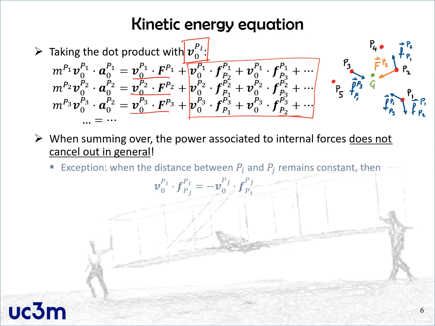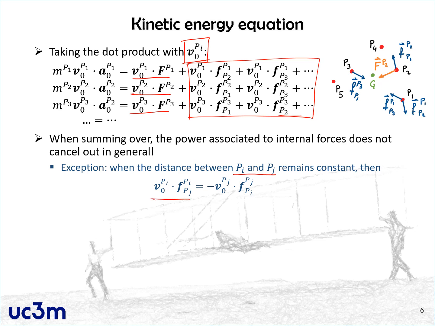There is, however, one particular exception which is very relevant for us for the rest of the lecture, which is that when the distance between two particles, say Pi and Pj, remains constant, then the contribution to the work or to the power by these internal forces does cancel out.